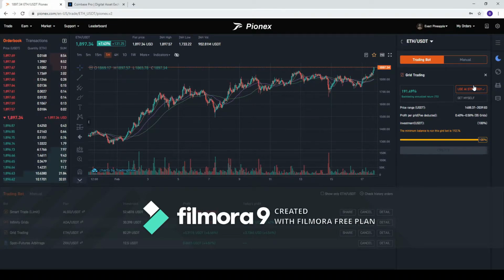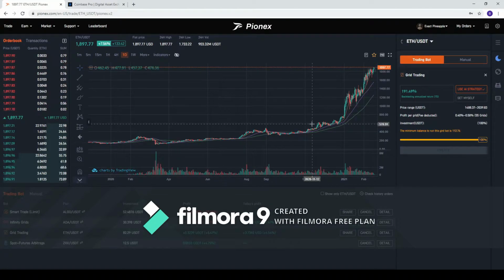For the purposes of crypto, I would recommend not using this. What this does is it's going to base your parameters for the grid off of the previous 7 days or the previous however many days it chooses. The problem with crypto is it's so volatile and it's changing so much.